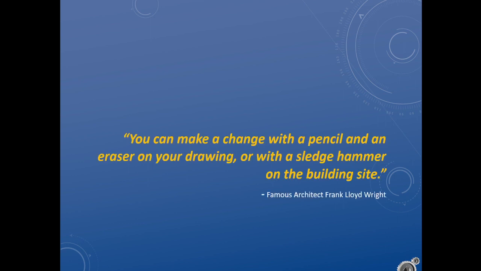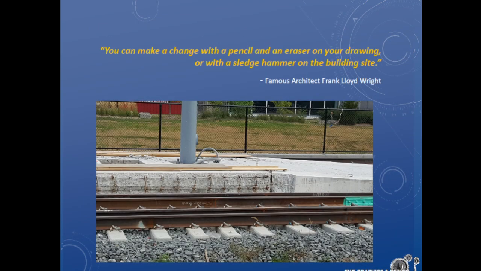This is just a lovely quote. When we're talking about tolerances and dimensioning and making sure your drawings are precise and accurate, get that right. An object lesson: when we were building the LRT here, they built some of the platforms, and then they looked more closely at the train and realized the train did not fit and would shave off its side every time it tried to drive by a platform.